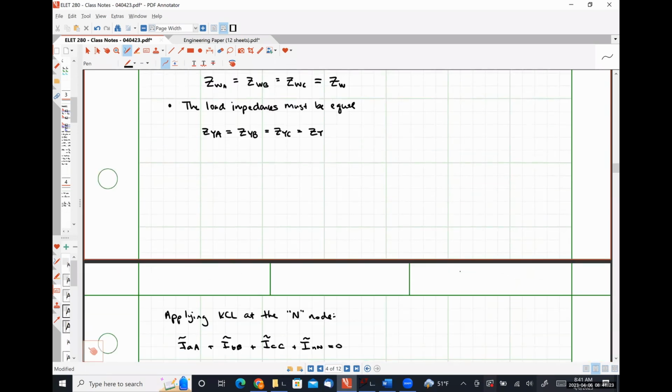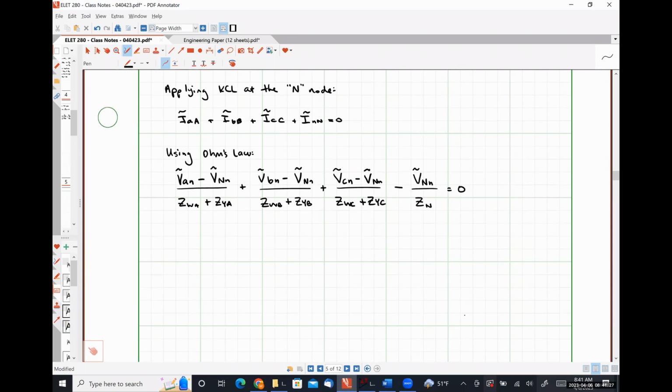Let me go back to our equation here. If our network or circuit is balanced, this equation reduces to, so just as a reminder, our criterion for having a balanced network, in particular here, we're going to be looking at these impedances, is that all of our transmission line impedances are the same thing, and all of our load impedances are the same thing.